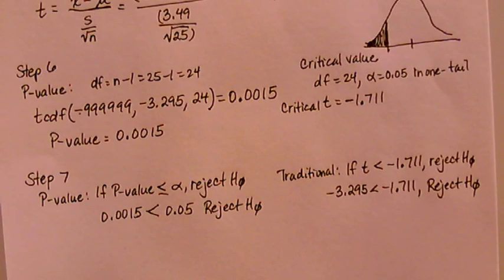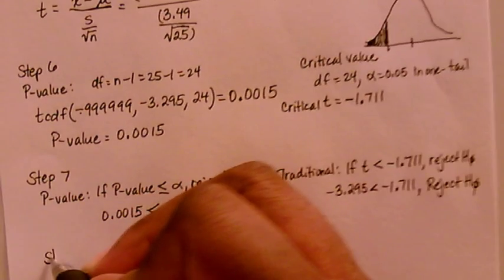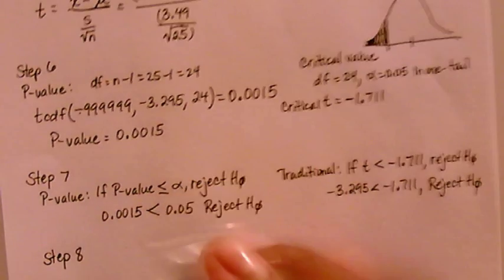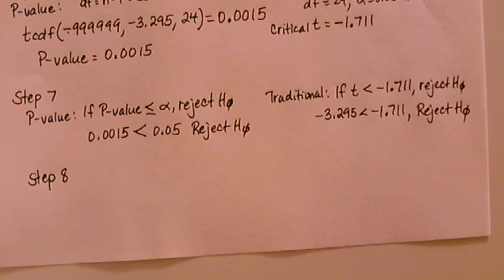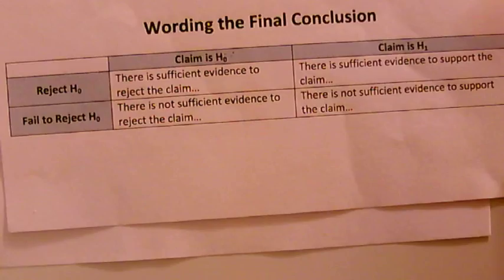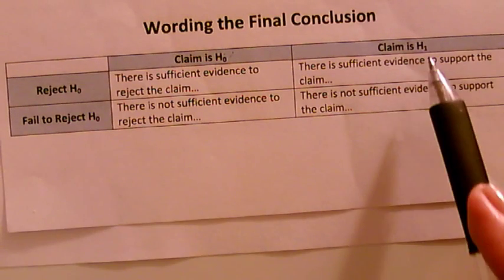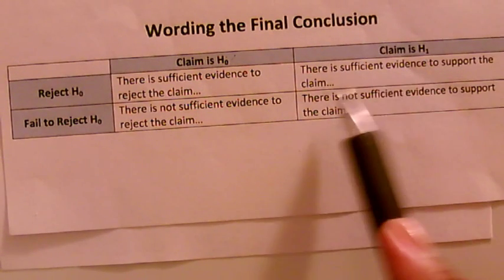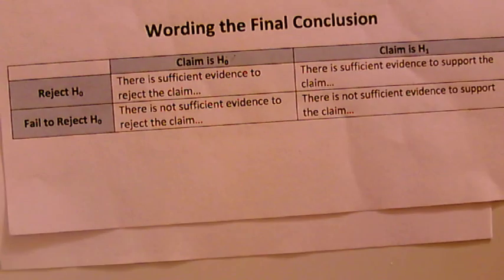So now we can go ahead and write our conclusion, which is step number 8. So in this case here, we're rejecting the null, and the claim was the alternative. We reject the null, the claim was your alternative hypothesis. That means that there is sufficient evidence to support the claim.